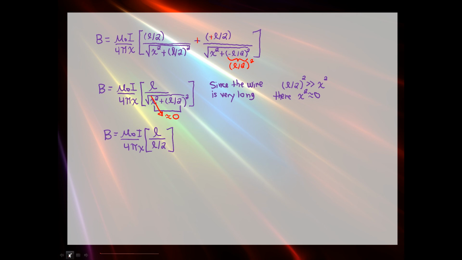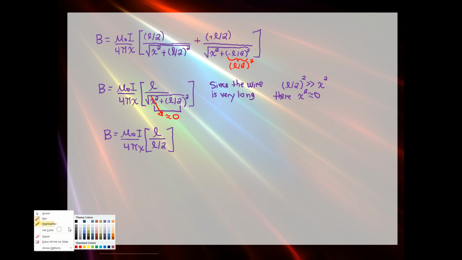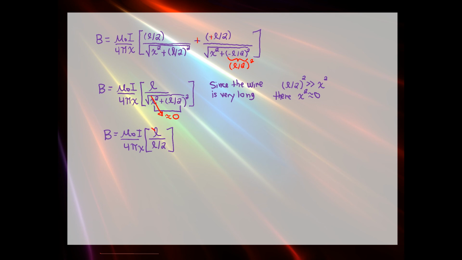Okay, so what would happen here? This L and this L cancel, which is good because the wire is infinitely long, so we can't really have L in there. And then this 2, since it's a fraction in the denominator, we can bring the 2 up here. And if we bring the 2 up here, we can then reduce the fraction with a 4.